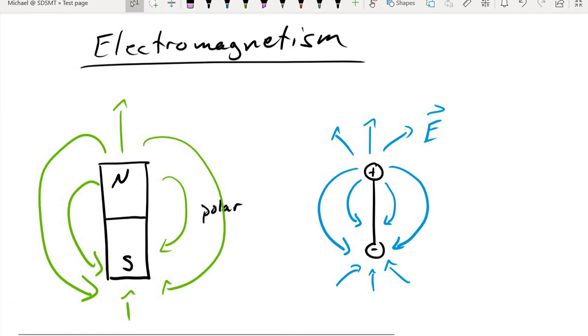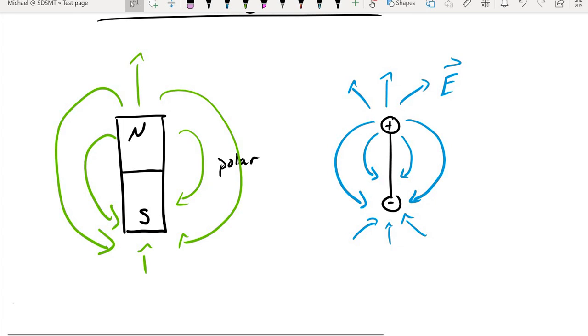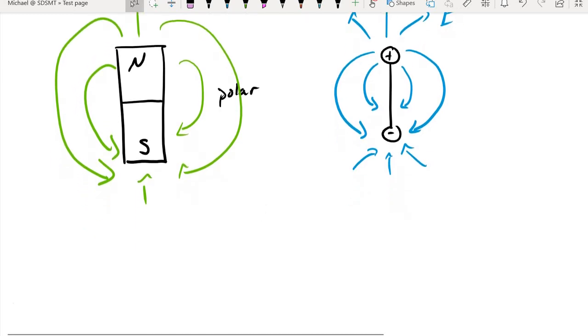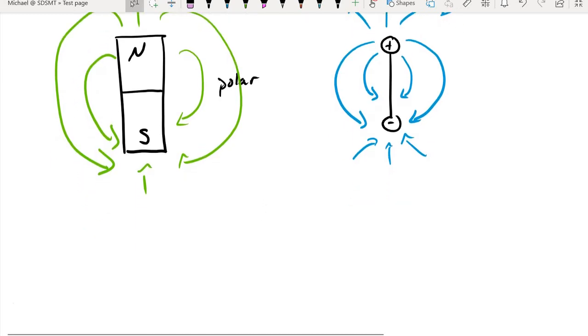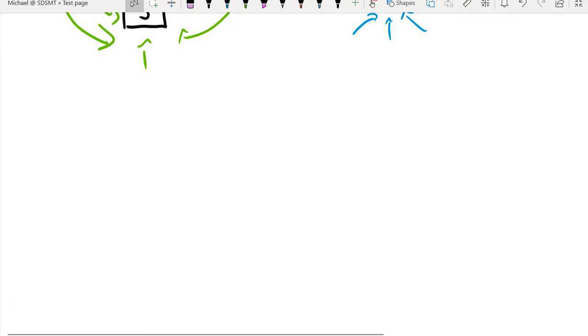And depending on how symmetric the system was, Gauss's law was pretty good at helping us figure out what the electric field for a system was. But now we have to figure out what the magnetic field is going to be. Now I've got this rough drawing here, but a drawing can be a bit deceptive, especially since this is a freehand drawing. I would much prefer to have some kind of a mathematical expression that describes the magnetic field.